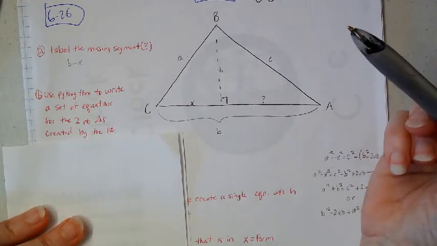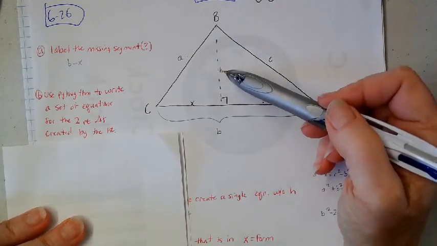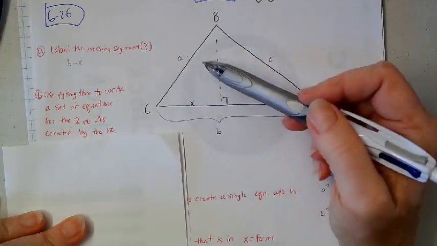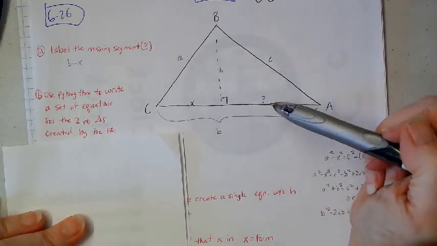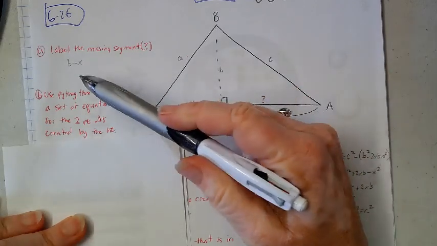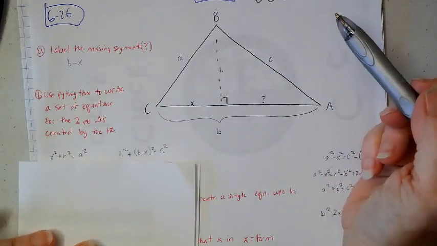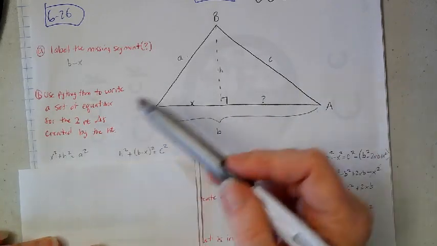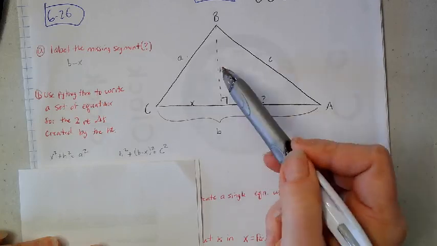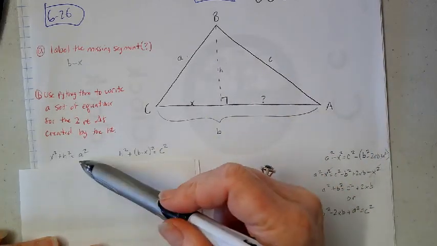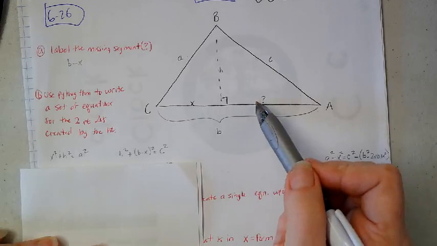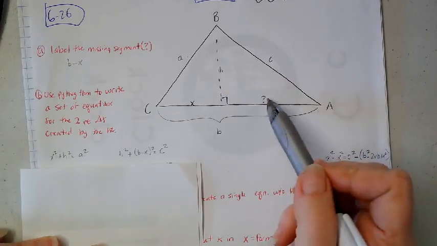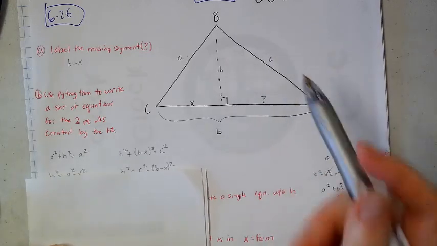So I'm supposed to use the Pythagorean theorem, so I could just say a squared plus b squared equals c squared for this left-hand triangle, and then a squared plus b squared, but we know this thing is equal to b minus x, equals c squared. See, there's the x. It's leg squared plus leg squared equals hypotenuse squared. That's for the left-hand triangle, and this is for the right-hand triangle: H squared plus question mark squared equals c squared.